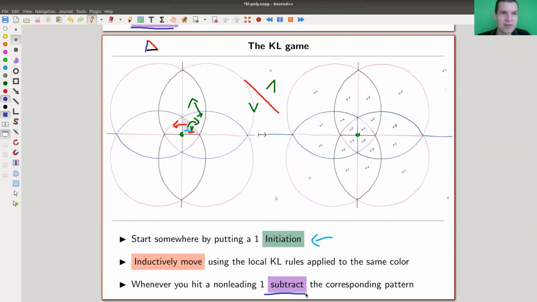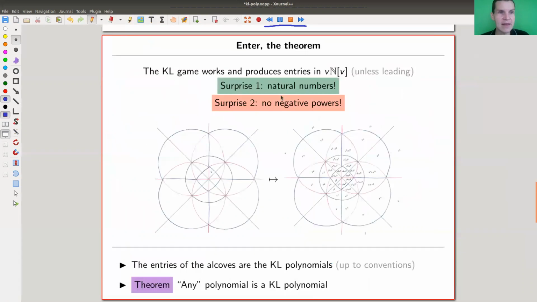And still, here's the theorem for today, there's this funny surprise that the patterns still always stay non-negative. So that you will only see natural numbers. And actually there's an even stronger statement. You won't even see negative powers.